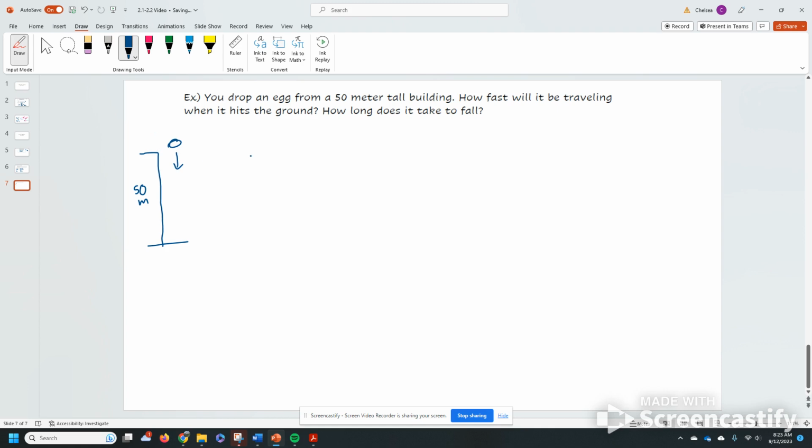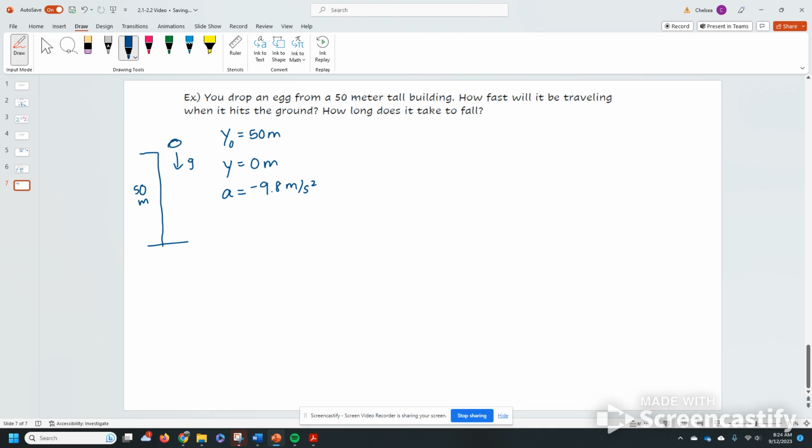So let's write things in the y direction. Our initial y is 50 meters, and our final y is 0 meters. And we actually do know the acceleration. Acceleration is going to be g, which is negative 9.8 meters per second squared.